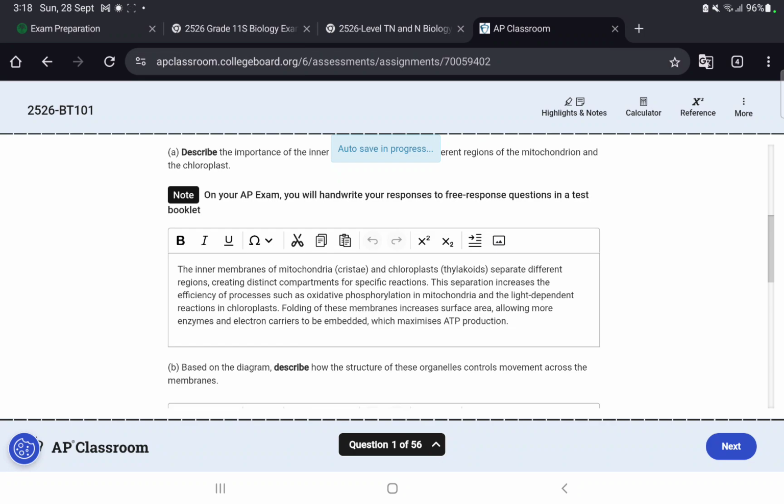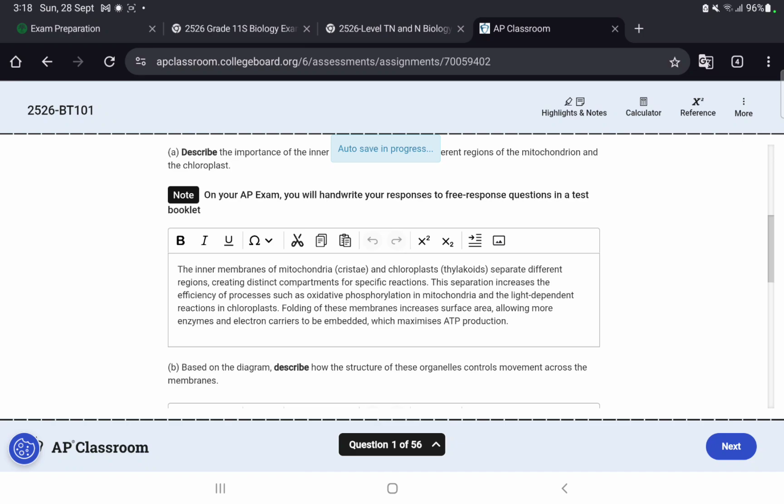This separation increases the efficiency of processes such as oxidative phosphorylation in mitochondria. Oxidative phosphorylation is just the name of a process that the mitochondria does, and the light-dependent reactions in the chloroplasts. Okay, you don't really have to state the names of the processes, but it's good.